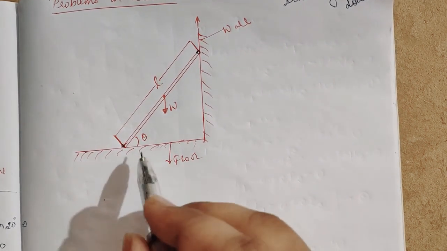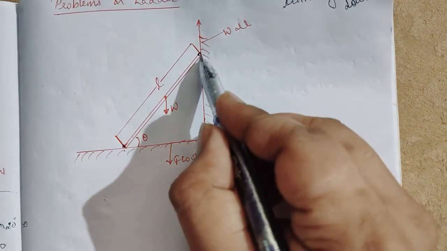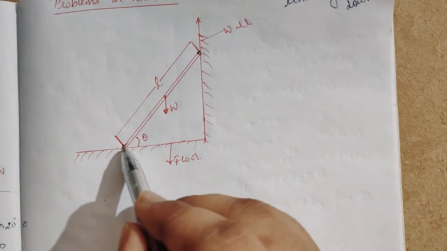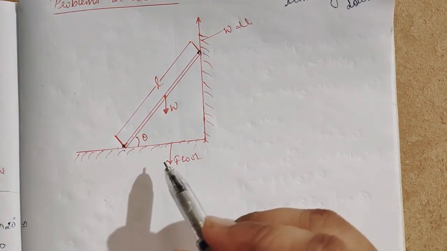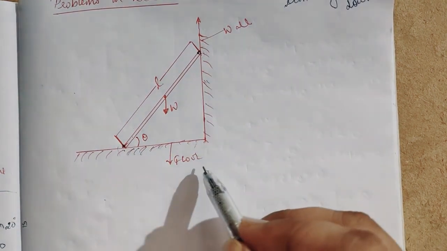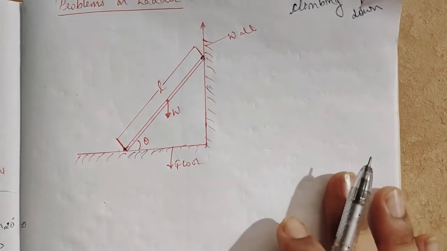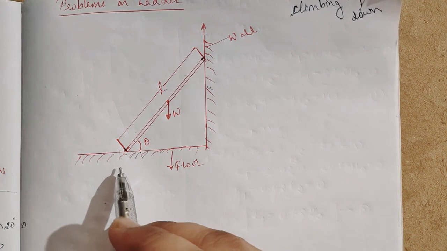One contact point is with the floor, see here. Another contact point is with the wall, which gives reactions. If the contact surface is there, then we have reactions, right? If the floor and wall are rough, then friction will come into play, so that the friction force will also act here.